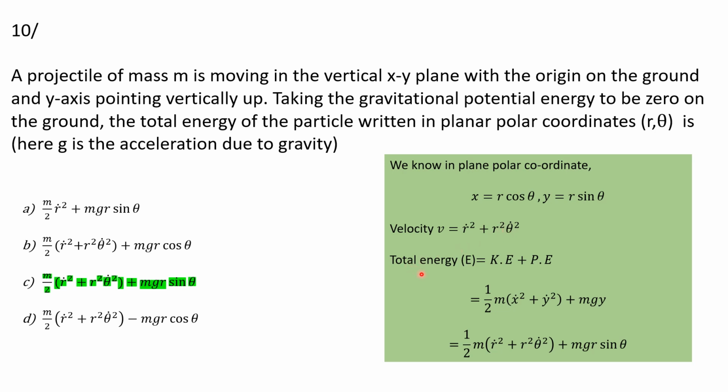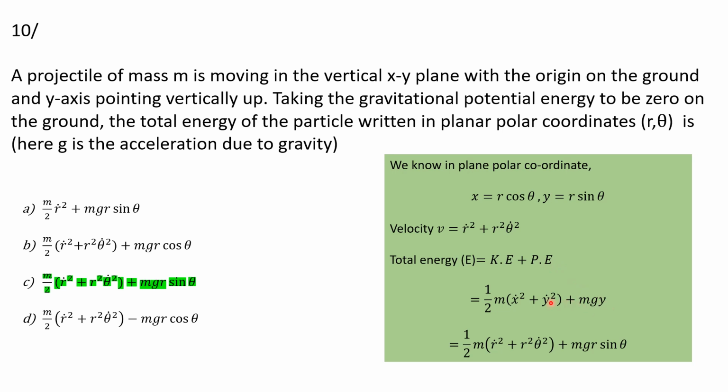Then here the total energy will be equal to kinetic energy plus potential energy, and kinetic energy is equal to half mv square. So here it would be half m into x dot square plus y dot square, and plus, because the vertical axis is y, the potential energy will be equal to mgh, that is mgy.